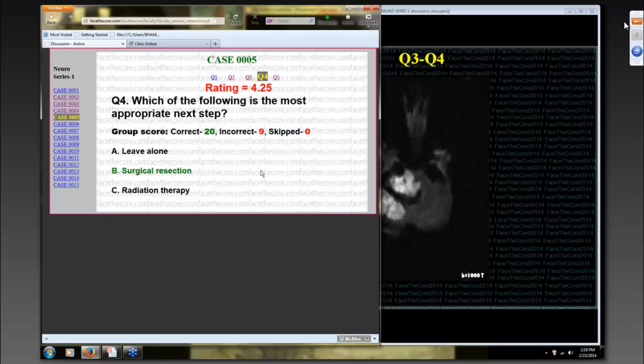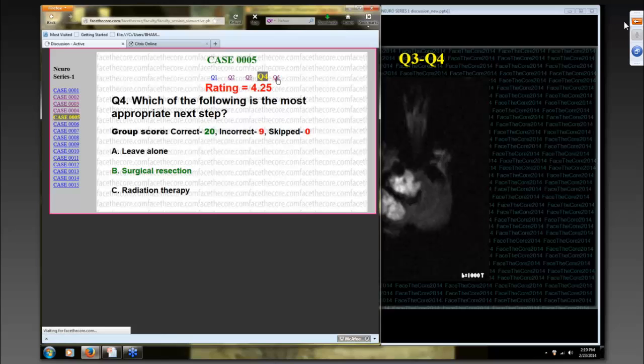They are not radiosensitive, so usually radiation will be totally useless. It's not an emergency, but you cannot leave it alone; you have to do a surgical resection at some point of time to avoid future complications of cranial nerve palsies or hydrocephalus.